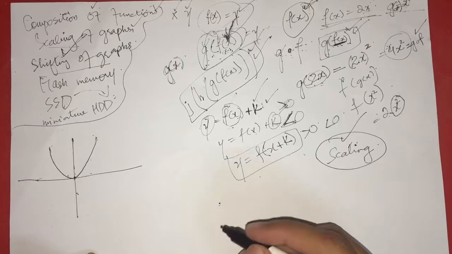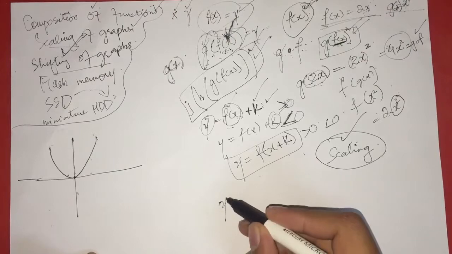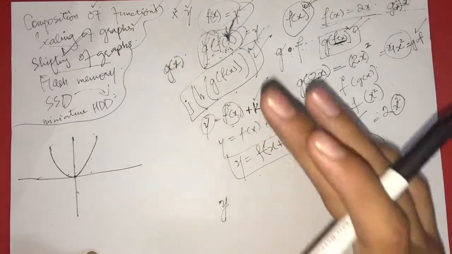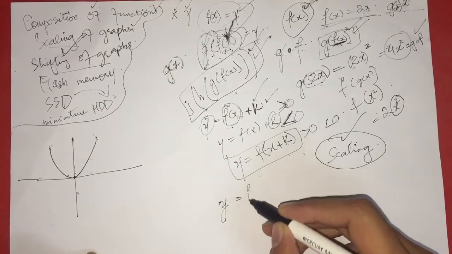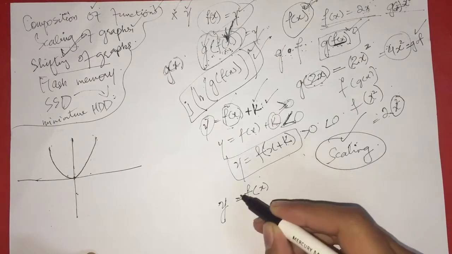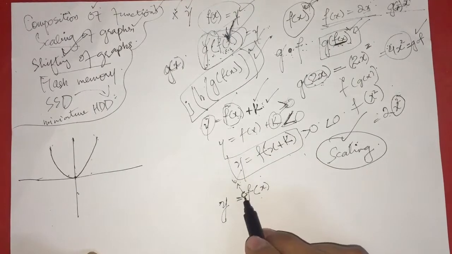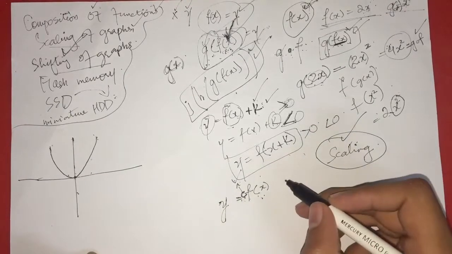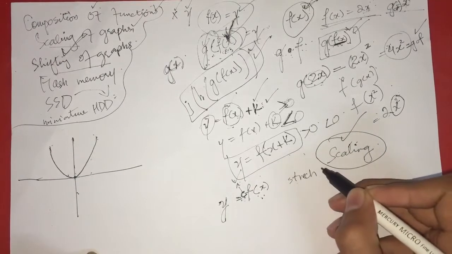If you want to compress or stretch the graph vertically, you are going to do y equals c times f of x, and this c is a constant value. When you multiply f of x by c, it's going to stretch the graph vertically.